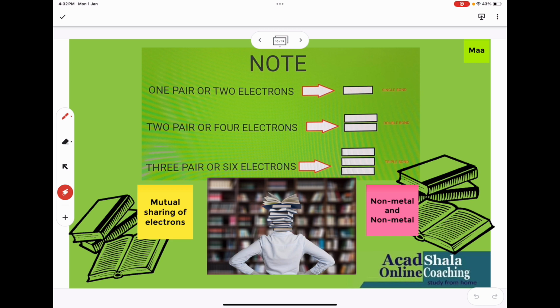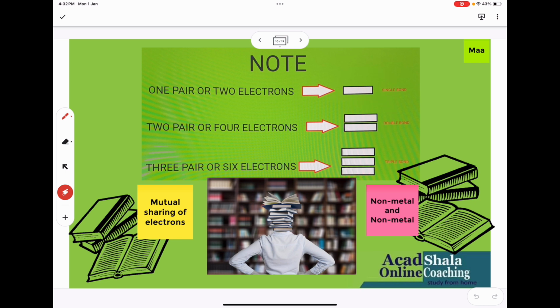Whenever you see four electrons or two pairs, that means it is forming a double covalent bond. Or whenever you see six electrons in the sharing part or three pairs, that means we will be having a triple covalent bond. So this is the bond formation shown over here.